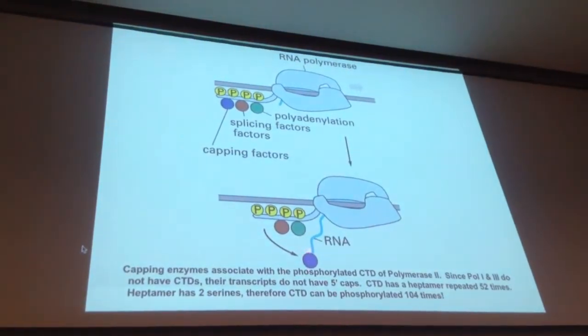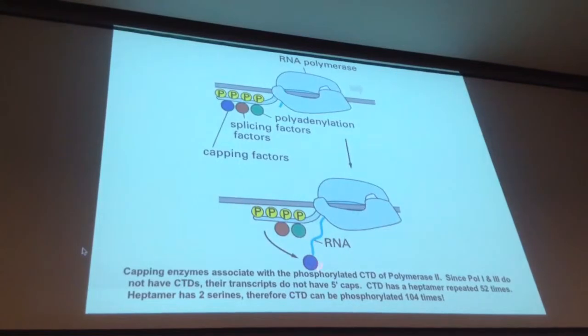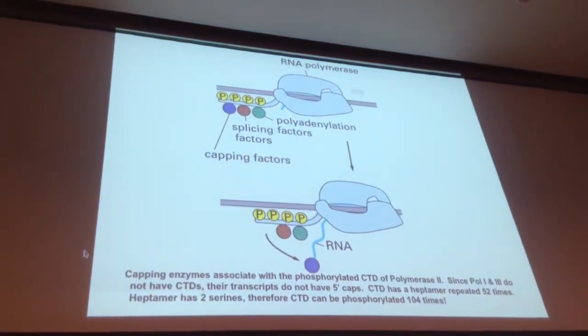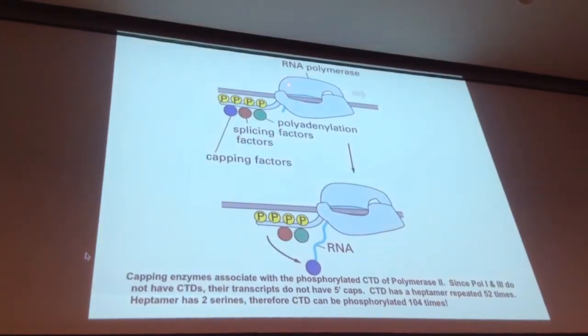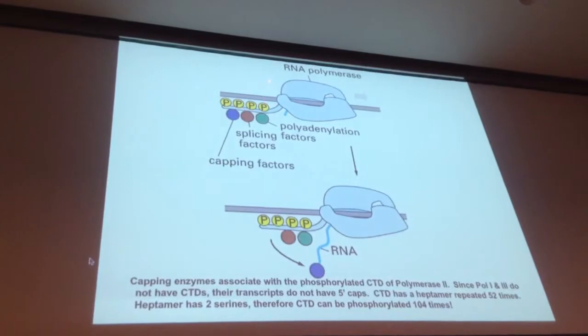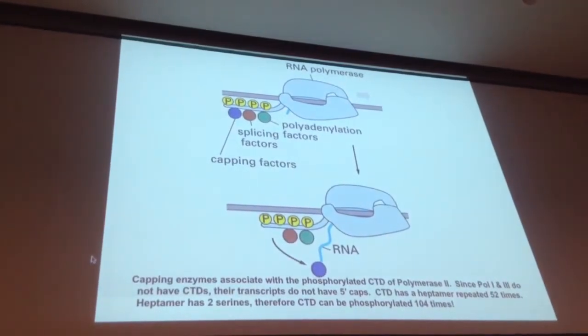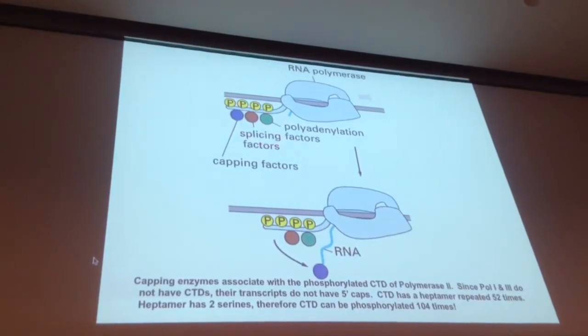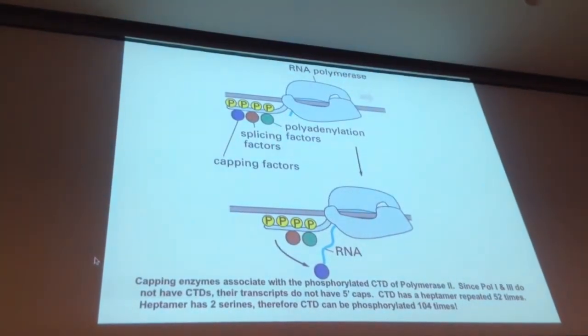That cap occurs on the 5' end only on polymerase II transcripts in eukaryotic cells. Why? Because only the catalytic subunit of polymerase II has this carboxy terminal tail. Polymerase I and III don't have it. Only polymerase II carries these RNA modifying factors.